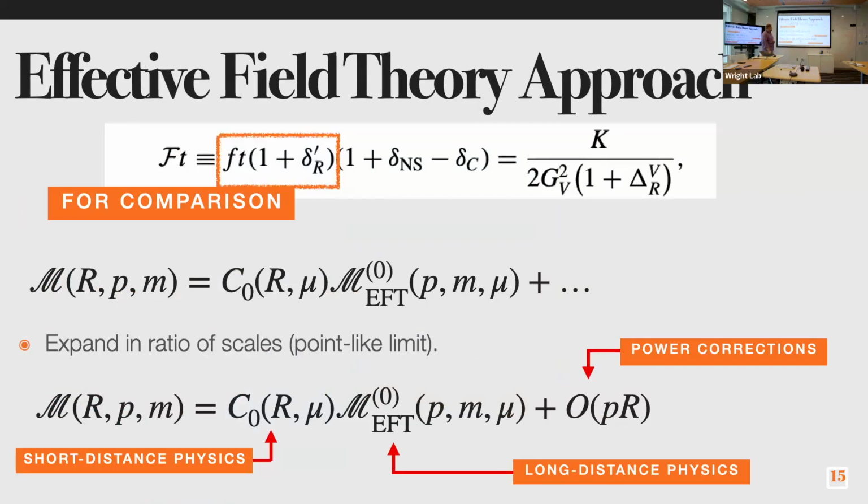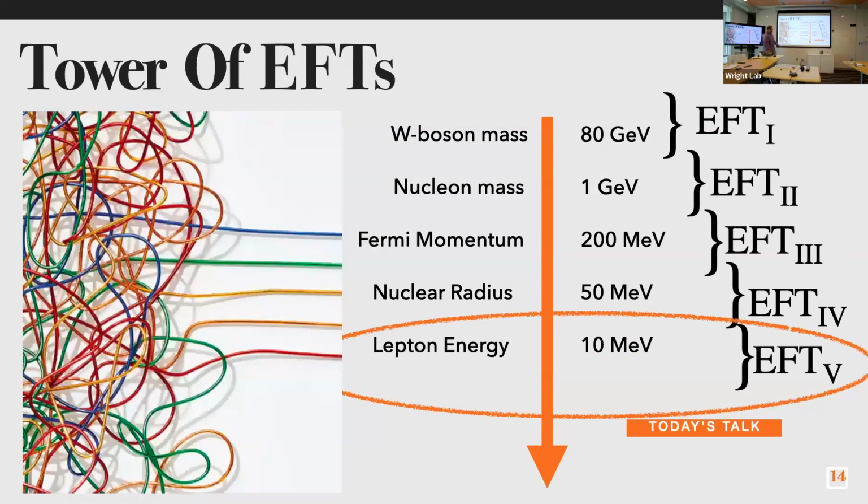This is in the language that I'll use, that I will try to avoid but may slip into. So this might be helpful in case you need a Rosetta Stone. What we expect is that all of the higher scales that I showed on the last slide, everything from here and above, can just be absorbed into a coupling constant, a coefficient.